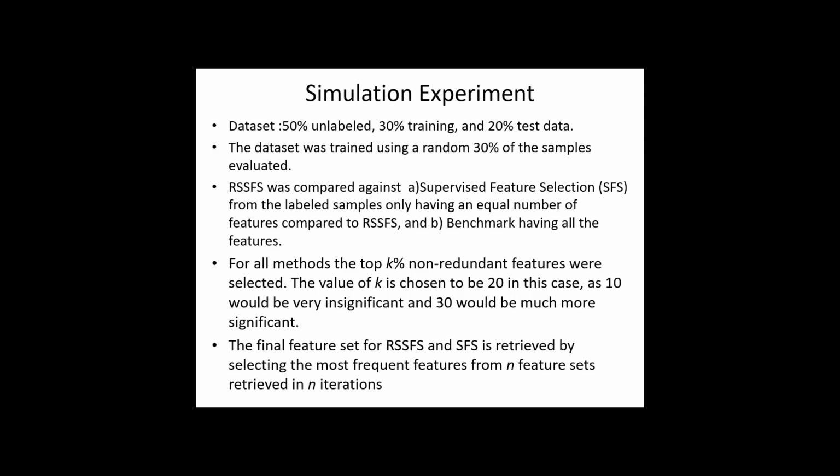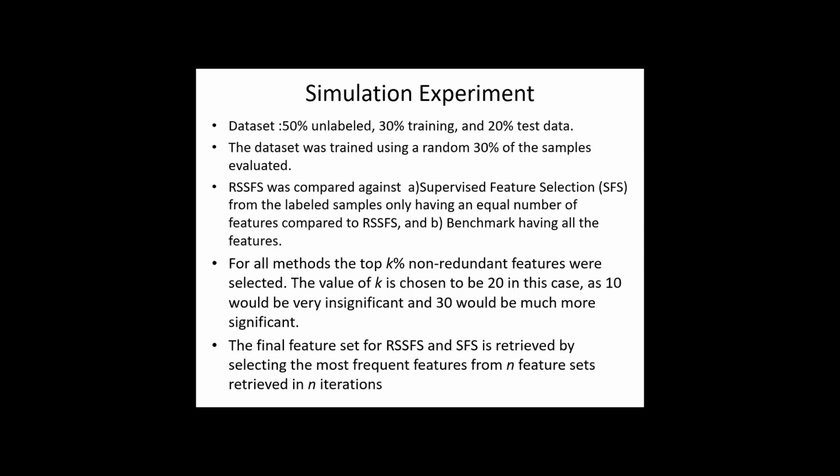For feature selection we used a certain ratio, k percent, and the value of k was 20%. That means we tested with 20% of the features selected by our algorithm, RSSFS, against 20% of the features of SFS, the supervised feature selection, and against the benchmark having all the feature sets.